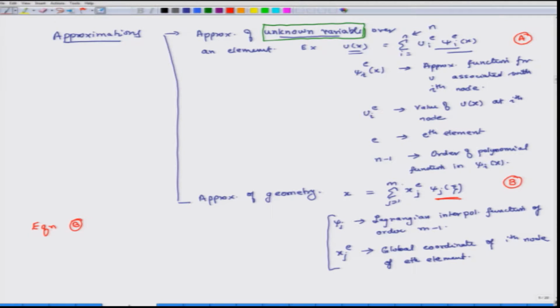If this is a linear element, then it will be just a straight line, the mapping will be linear. If it is a quadratic, then it will be a curve, right. So, equation B represents shape of element.